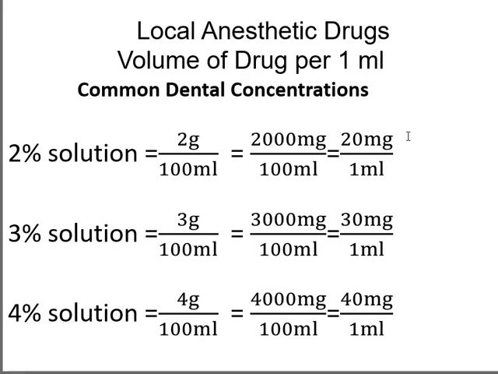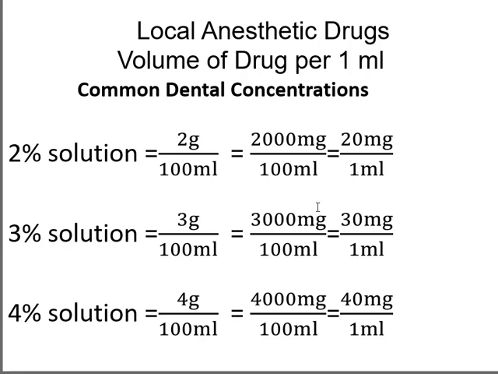So we need to do an additional step to find out how much lidocaine, 2% solution, is in one cartridge. For anyone that's interested, when you're doing the math, you don't have to start it at 2 grams. This is just to show you what 2% means. The 2% means 2 grams over 100 milliliters. If you can start with 2% means 20 milligrams over 1 milliliter, that's perfect. That's where you need to start the equation.